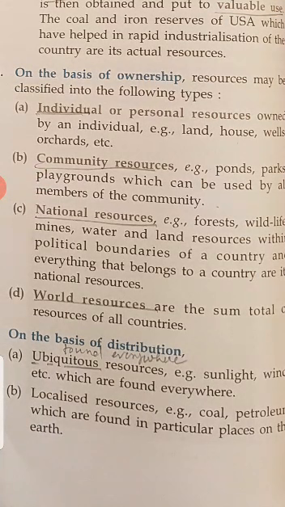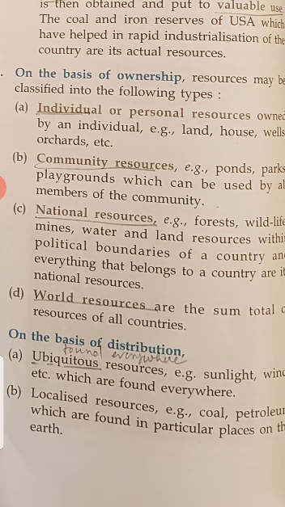People here in India, in this particular place, get sun, get rain, get wind. In the same way people in America or Paris also get rain, wind, air, all this. So these are called ubiquitous resources.